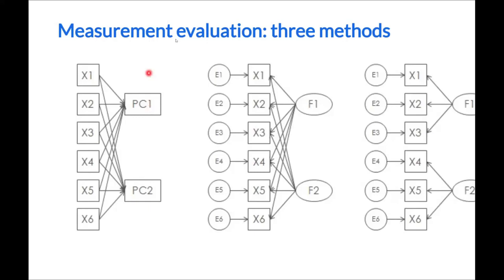And the main difference in the representation of exploratory and confirmatory factor analysis is the direction of the lines of association. In principal component analysis, the direction of the line is from the indicators to the principal component. But in factor analysis, the direction of the prediction is from the latent variable, or the factor, to the indicators.